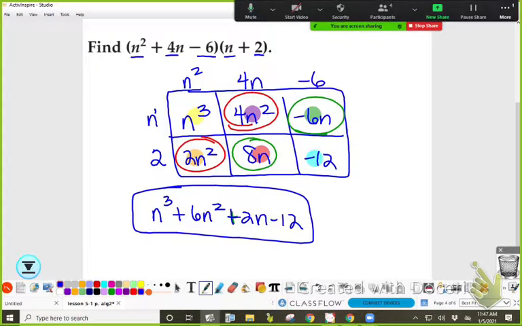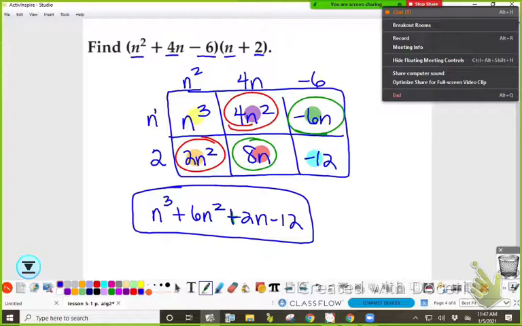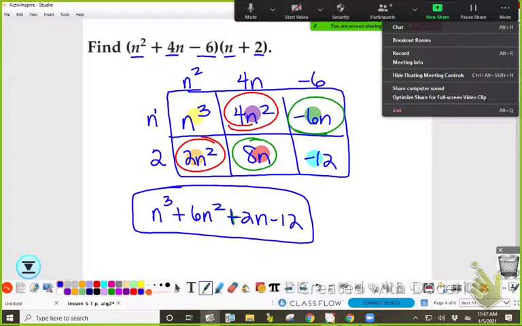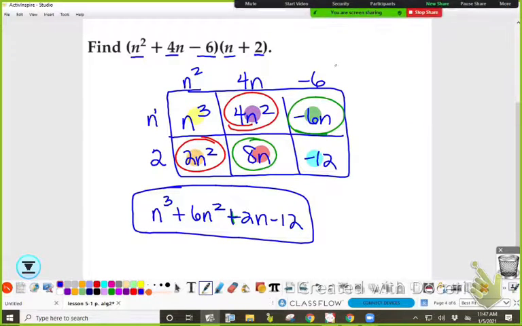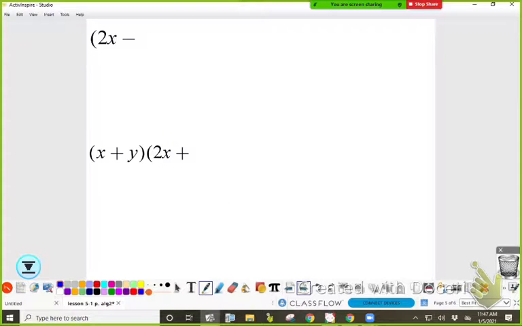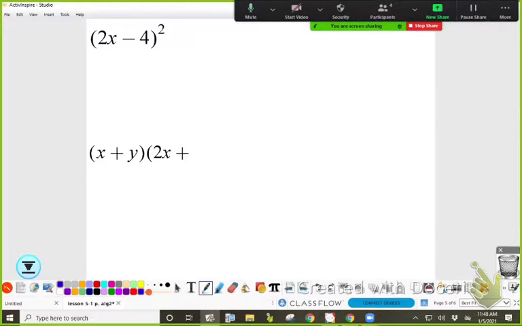Any questions? Okay, last one. We're not going to do all of these in the notes. We are going to do this next one, though. 2x minus 4, close the parentheses, and square it.